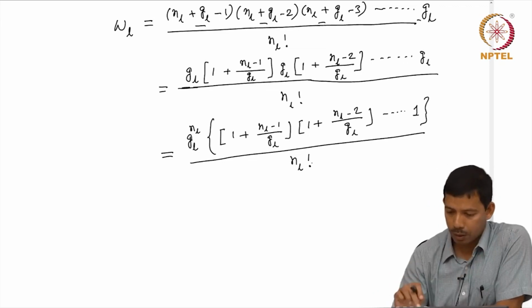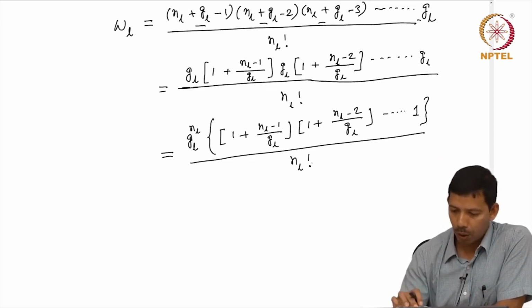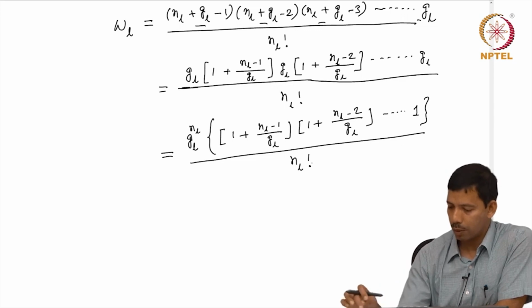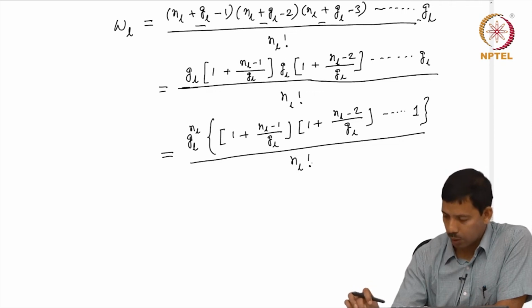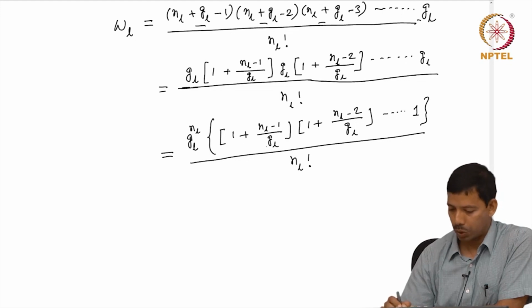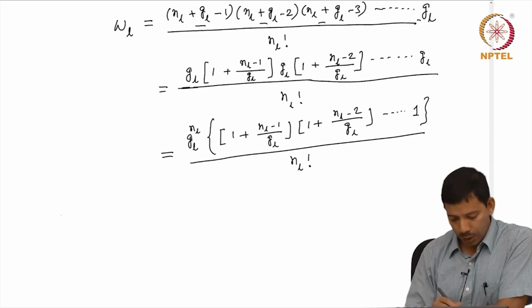Okay, so what I have done simply here is taken the GL term out from each of them. When I take GL out, from the first term you get GL times 1 and GL goes off, so it gives you NL minus 1, likewise 1 plus (NL minus 2) by GL and so on. So you take GL from all the terms in the series until you get the last GL. If you put them together, you get GL to the power NL. And now what remains in the bracket is 1 plus (NL minus 1) by GL, 1 plus (NL minus 2) by GL, till 1.